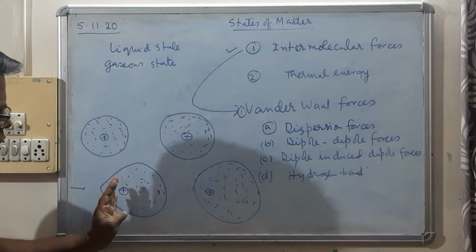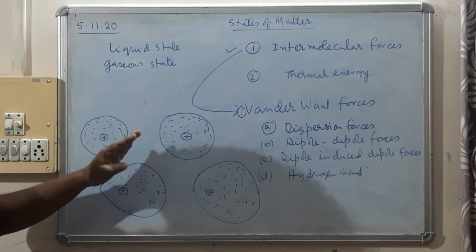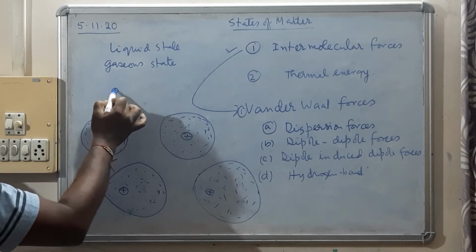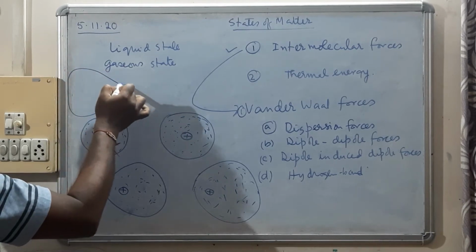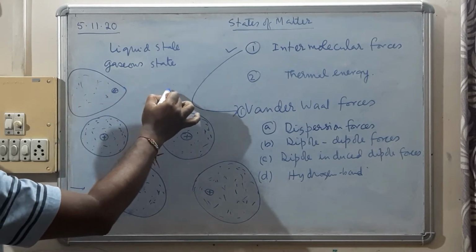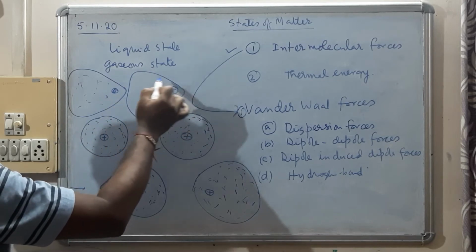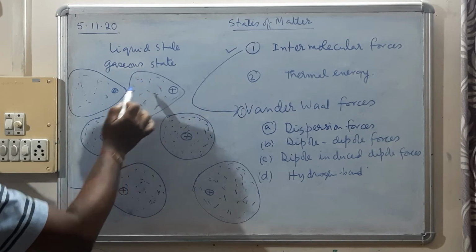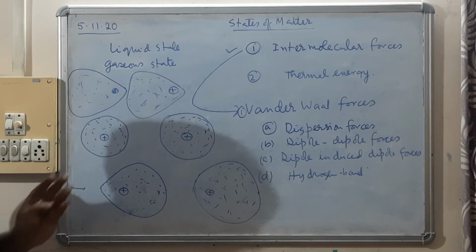Like here I have shown the distribution of electron more on this side. It can also be on the other side, like this, and say the distribution is more on this side. This is another atom. So here, now there will also be intermolecular forces.